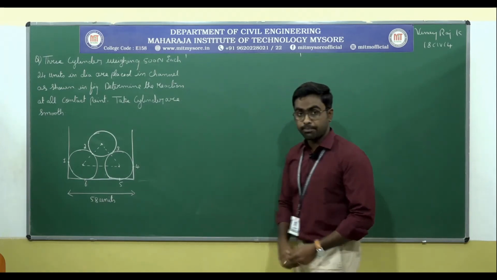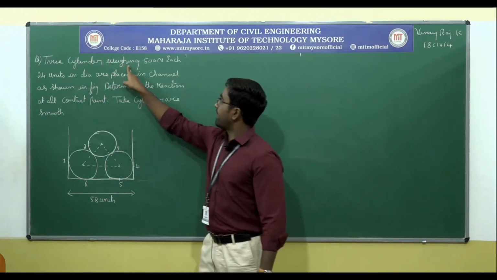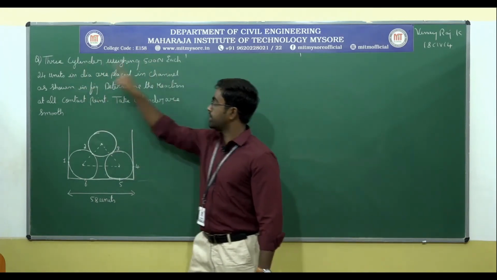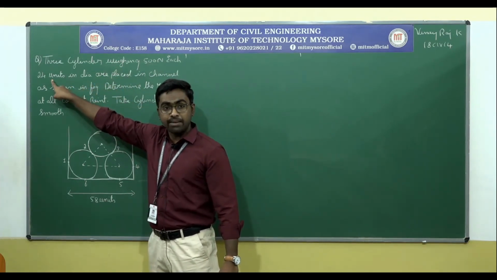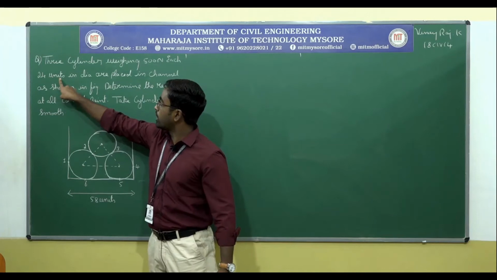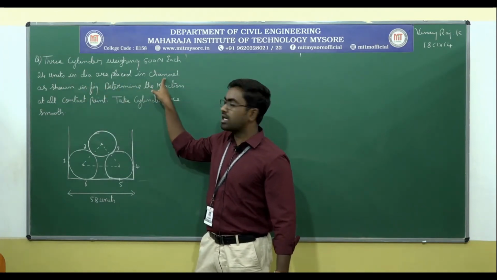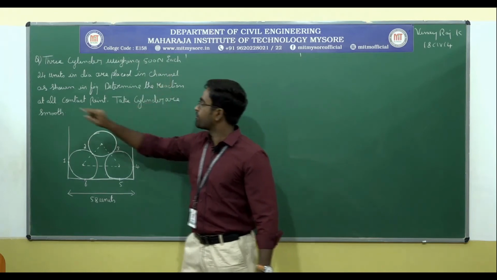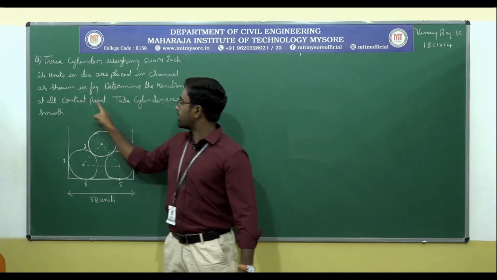So let me see the problem now. 3 cylinders of weight 500 Newton each and 24 units in diameter are placed in a channel, as shown in the figure. That means the diameter is mentioned in terms of units here, right? Determine the reaction at all contact points.